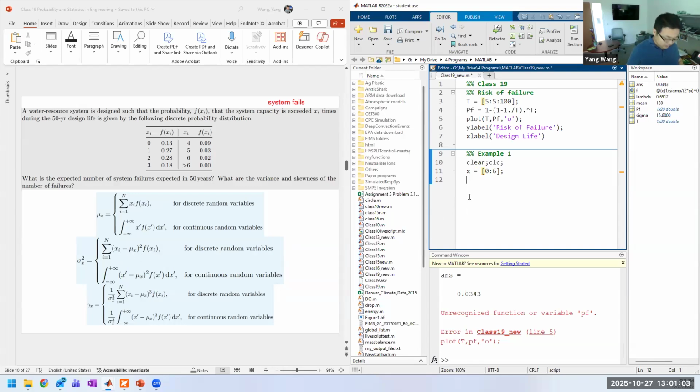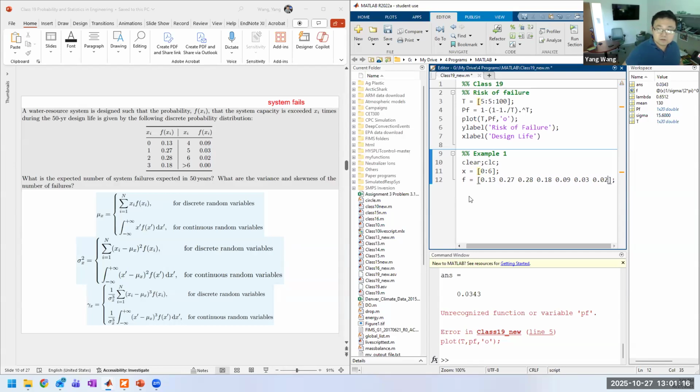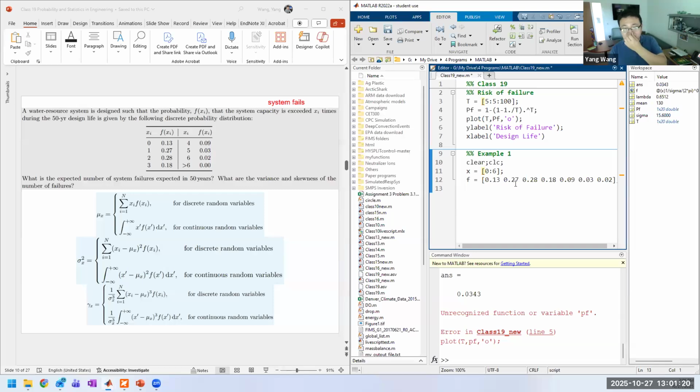They're just 0. So we can also list the F values, which are 0.13, 0.27, 0.28, 0.1809, and so on. Basically, there are 7 values: 1, 2, 3, 4, 5, 6, 7.